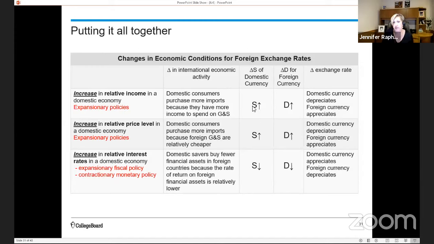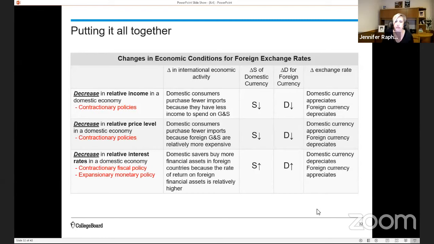Okay, and then all of this is the same. So we already know how the change in economic conditions affects economic activity, affects currencies' supply and demand, and affects the exchange rate. And now we're just connecting some policies to those changes in economic conditions. And we can do it for decreases in relative income, relative prices, and relative interest rates as well.